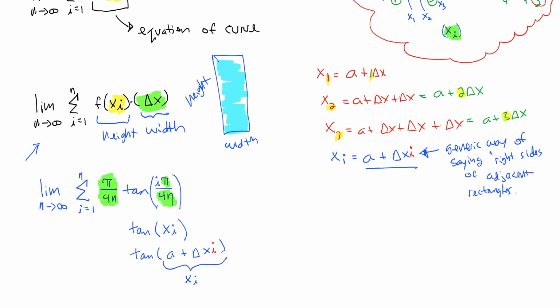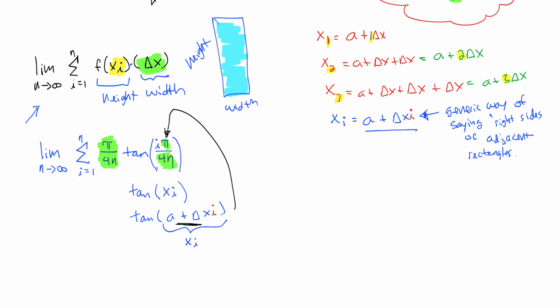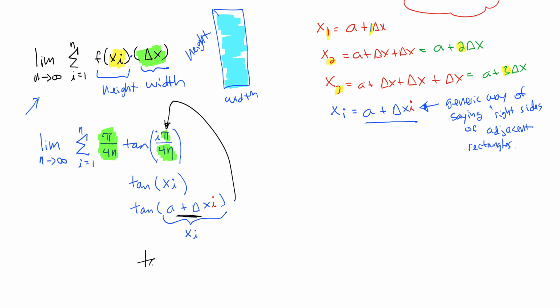So what do we need to put in here to make it look just like this? All right, so we could have a tangent of 0 plus delta xi. And I put a 0 there because there isn't a 1 plus in here.